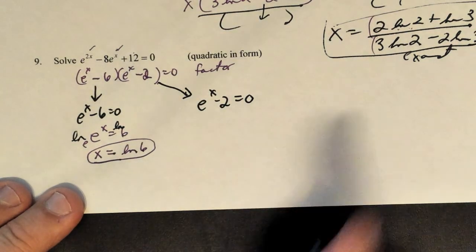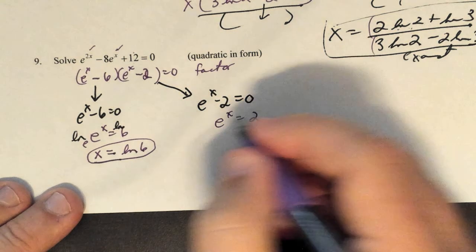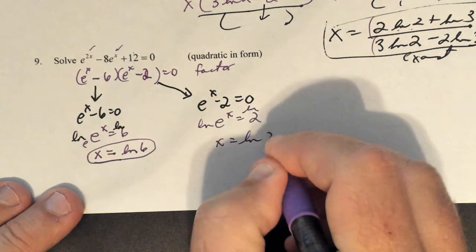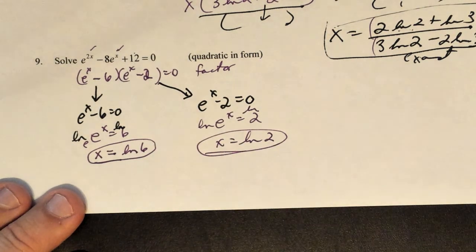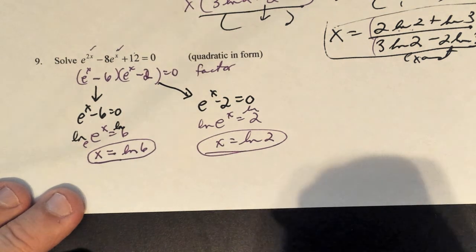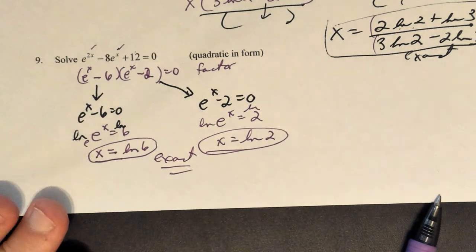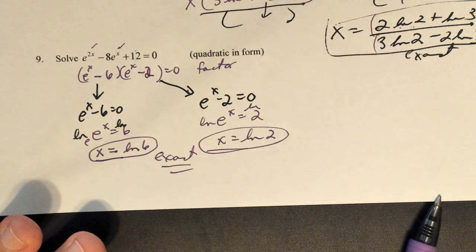And then you do the same thing here. Natural log both sides, and x is equal to the natural log of 2, which are both decimals, which is fine. But we're not asking you for the decimals. And these are exact answers. So that is part 1 of 4.1.